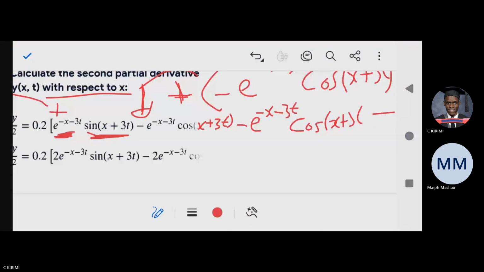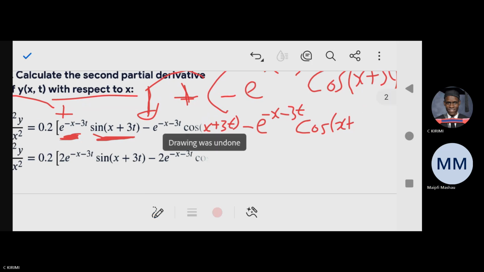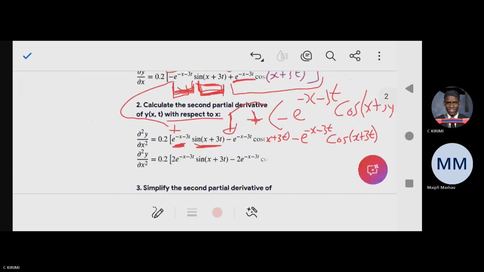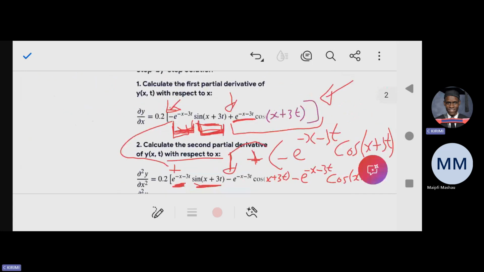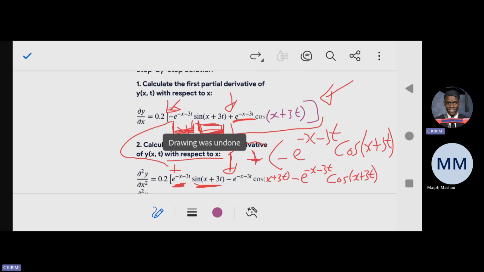Now I'm lost. Why are we differentiating it again? Because we did it the first time, right? The second time we did it. So why are we adding this negative one again? In the first part that we were differentiating, we were dealing with the product rule for only this side.